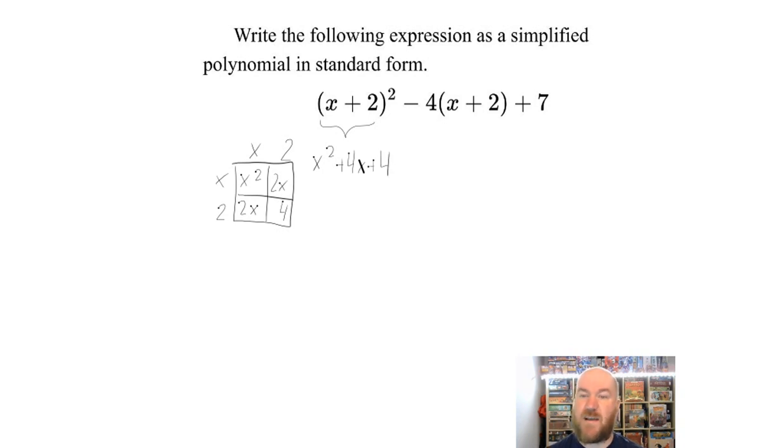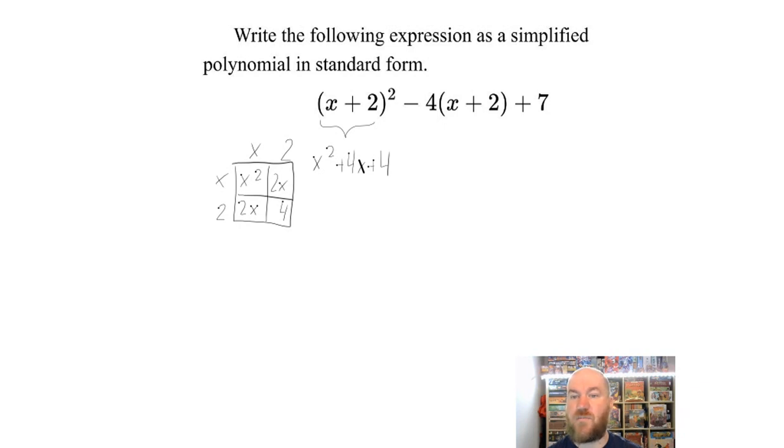The second multiplication here is this negative 4, and it needs to multiply by everything inside that parentheses. So I'm going to distribute. I could set up a box method, but I don't need to do that when there's just one thing out front, right?